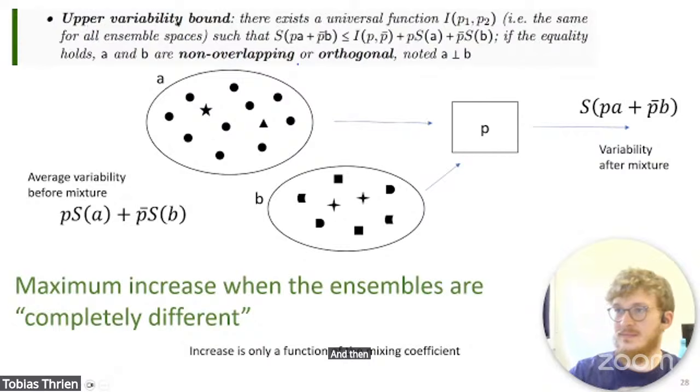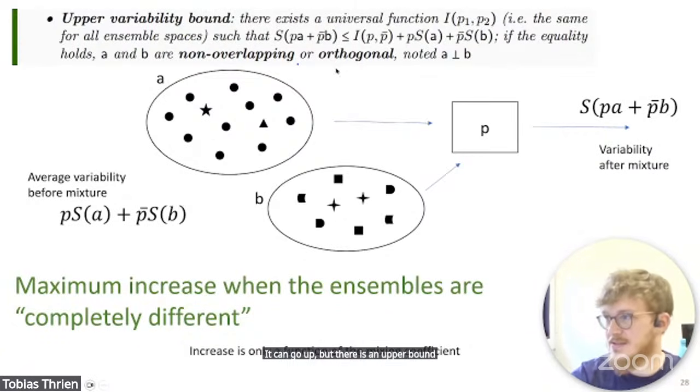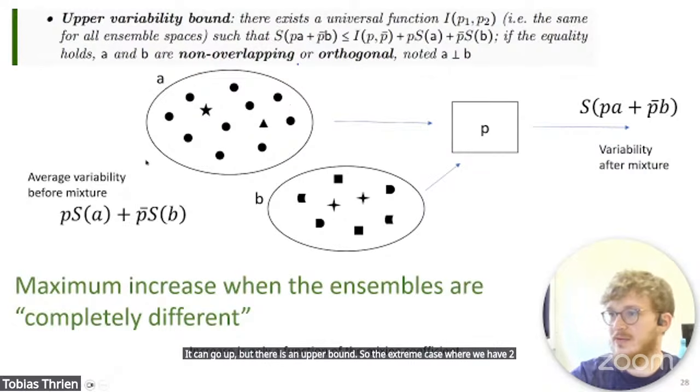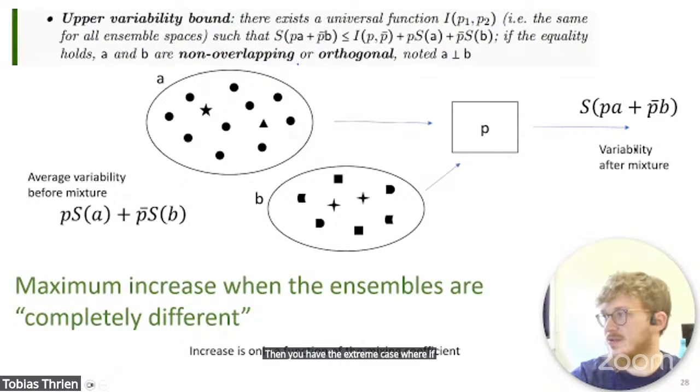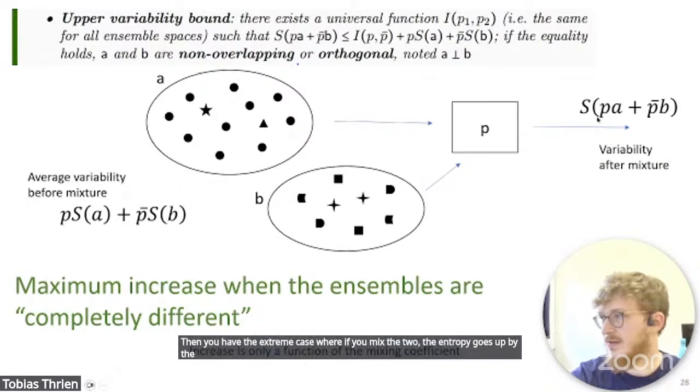And then we have, it can go up, but there is an upper bound. The extreme case is where we have two completely different ensembles: all elements here are different from all elements here. Then if you mix the two, the entropy goes up by the maximum possible.